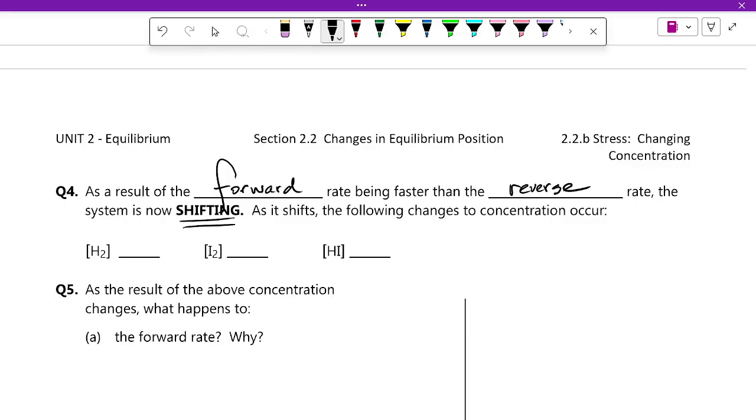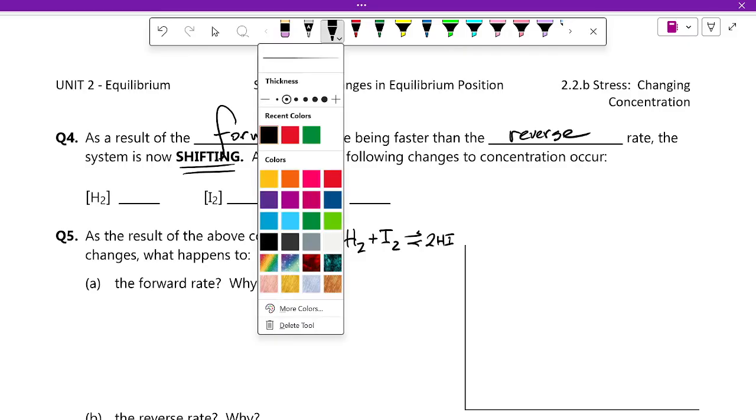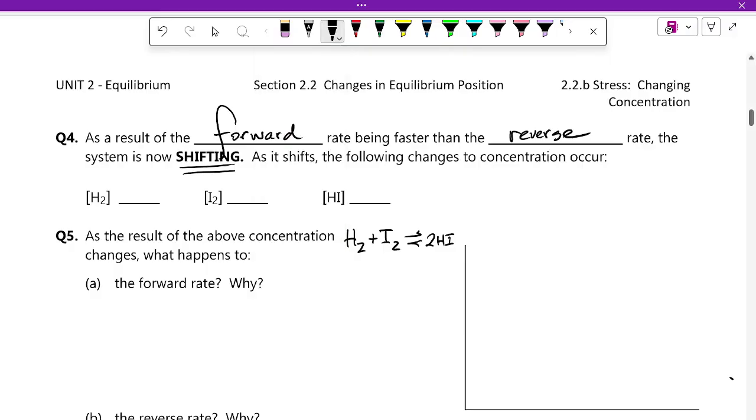As it shifts, what is going to happen to the concentrations? And remember, this is our reaction: H2 plus I2 to HI. What happens to our concentration of H2?